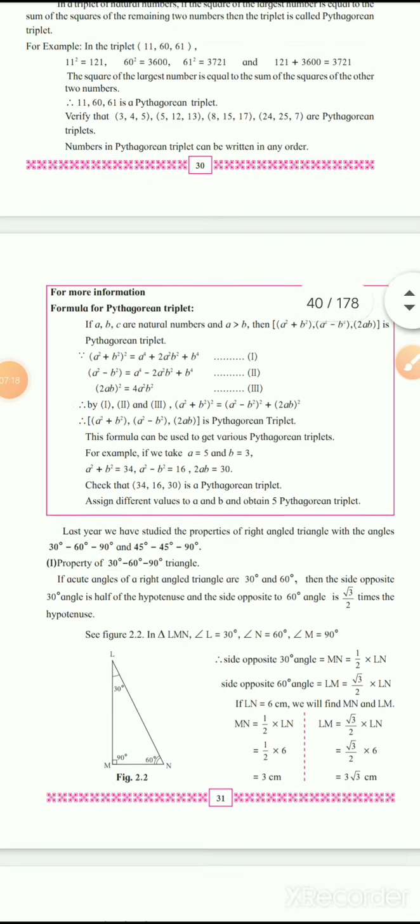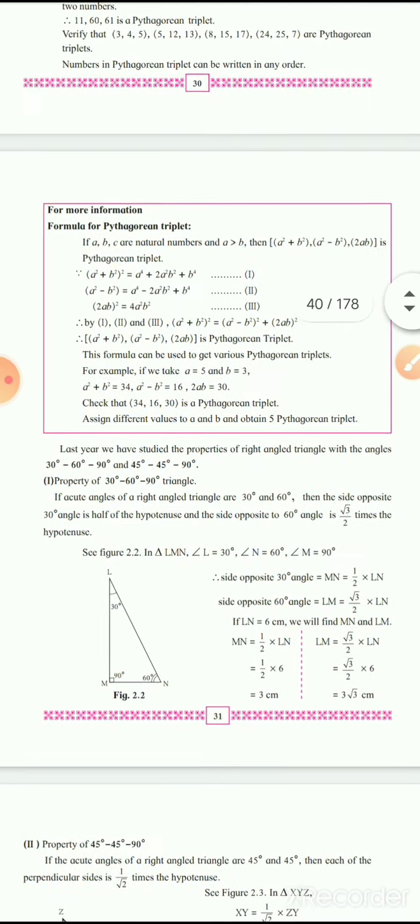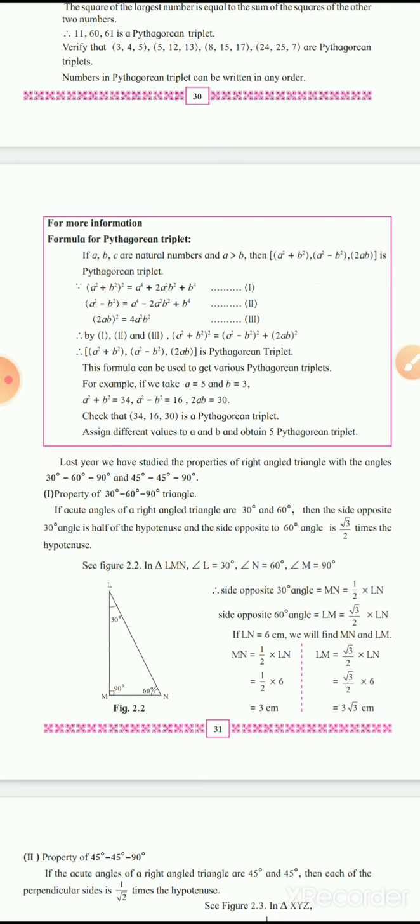Now let us see, here are two properties. The first property is of the 30 degree, 60 degree, 90 degree triangle. What is the property?